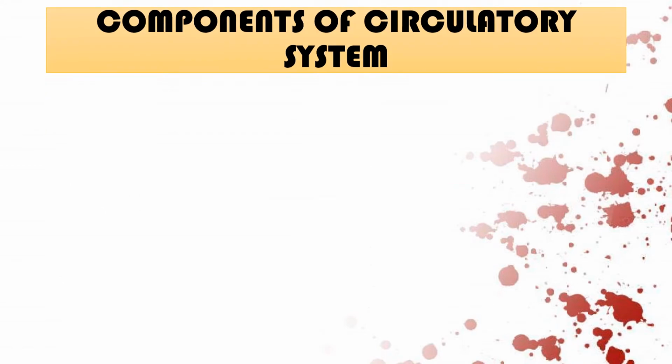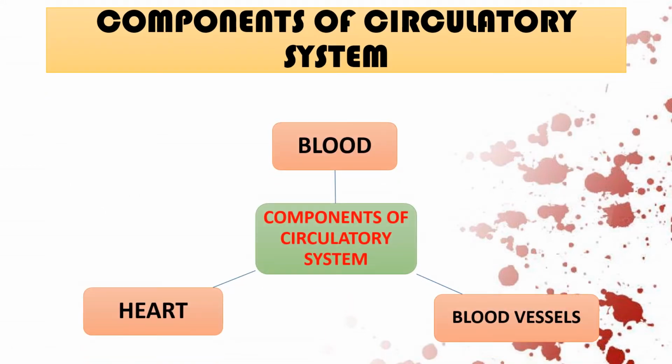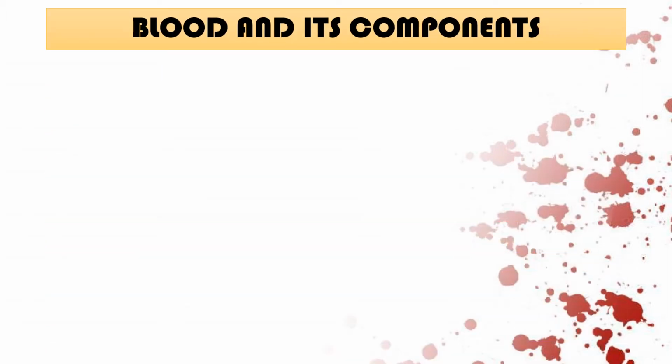Which are the components of the circulatory system? The circulatory system consists of three components, that is blood, heart and blood vessels. The first component is blood. So what is blood and its components?